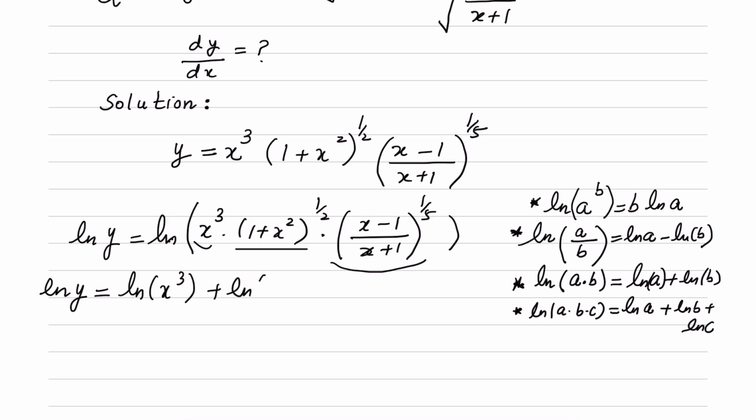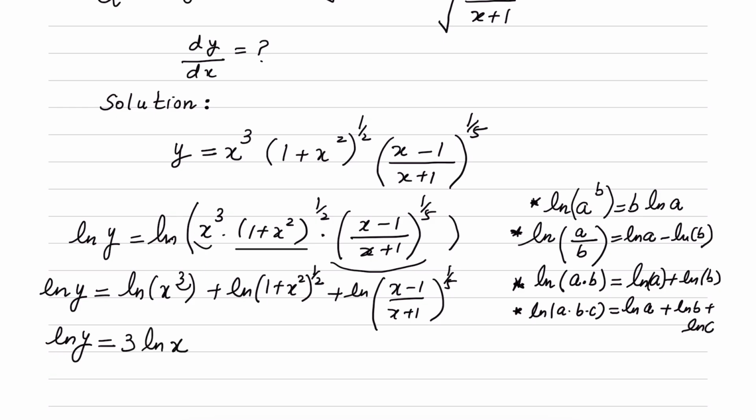plus ln (1 plus x square) whole power 1 by 2 plus ln (x minus 1 over x plus 1) whole power 1 by 5. Now another log property, that this power 3 comes on the side and you have 3 ln x, plus the same way the power 1 by 2 comes on the side and you have ln (1 plus x square).